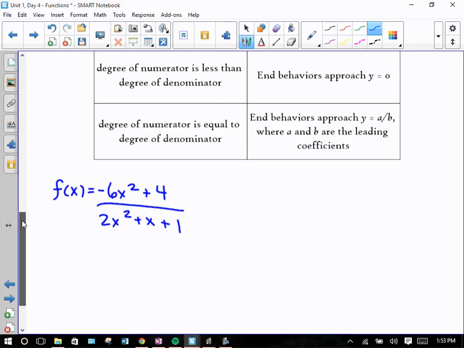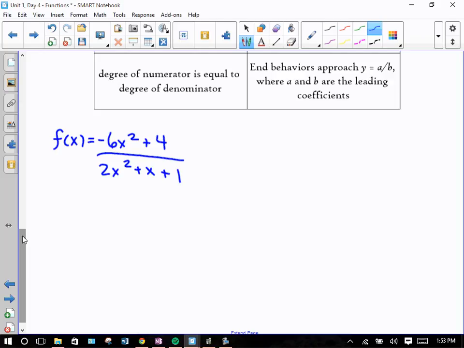Lucas, how'd you get that? I realized that the two degrees were the same, so it's the leading coefficient on top divided by the leading coefficient on the bottom, so negative 3.